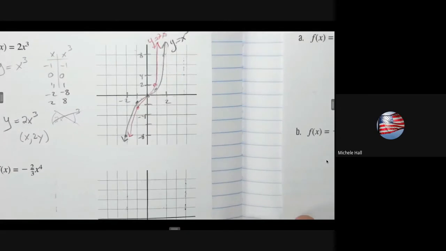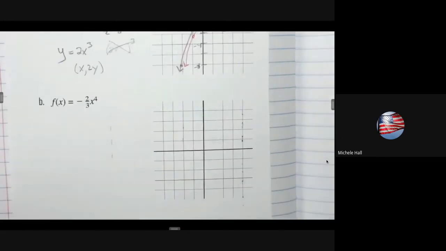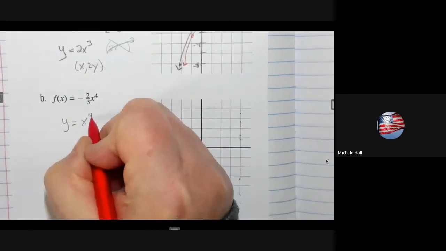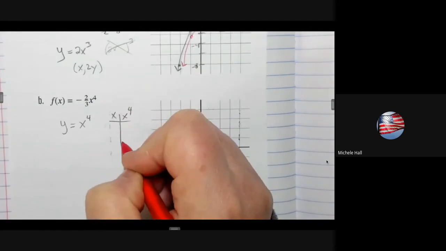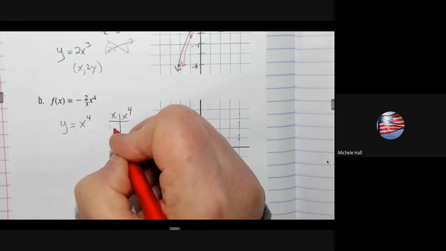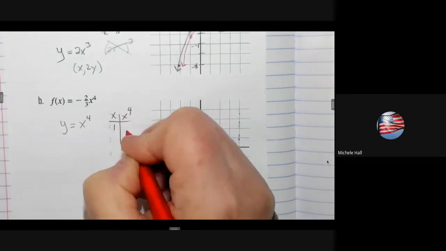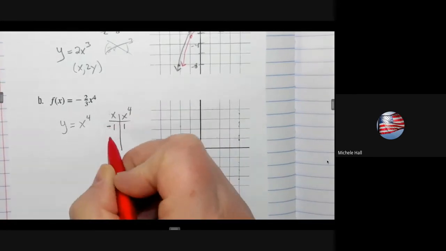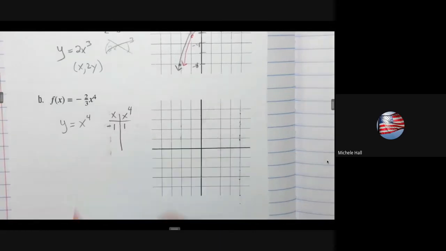All right, looking at the next one, we're going to start with y equals x to the 4th. So when x is 1, we get 1. When x is negative 1, we get positive 1.